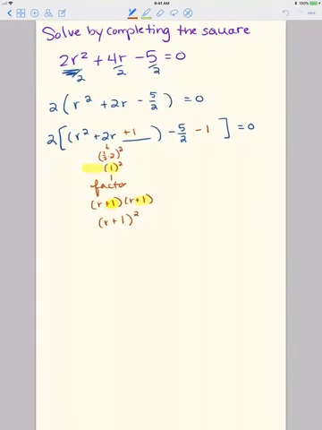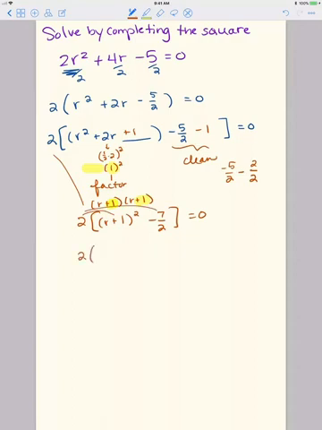Bringing down the other things, there's a 2 out front, cleaning up the negative 5 halves minus 1. Negative 5 halves minus 1 is like negative 5 halves minus 2 halves with a common denominator, so you get negative 7 over 2. Redistributing the 2 through, you get 2 times the quantity of r plus 1 squared, and then just subtract 7, because if you do 2 times negative 7 over 2, the 2's cancel.